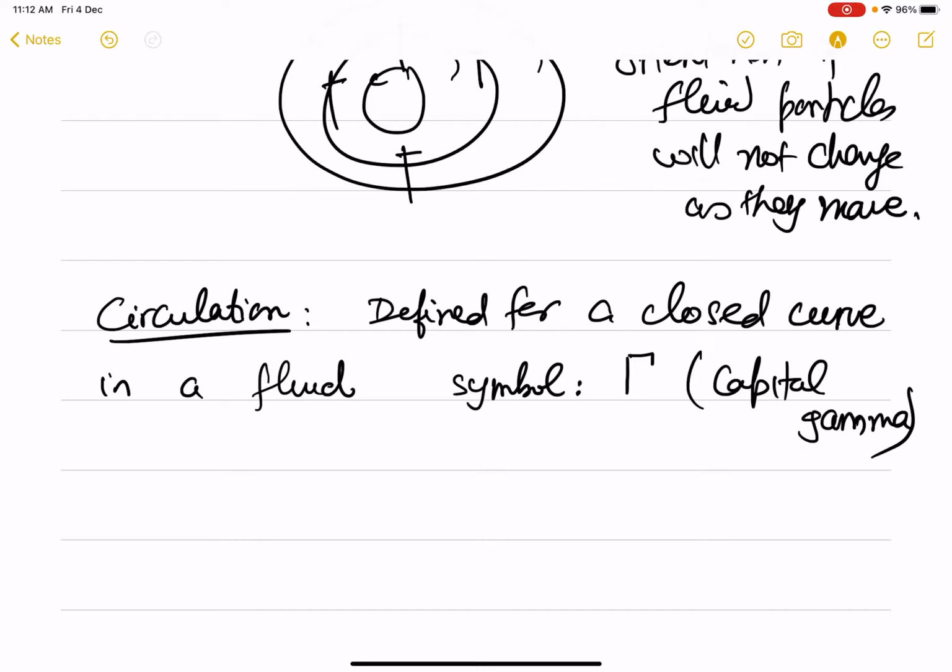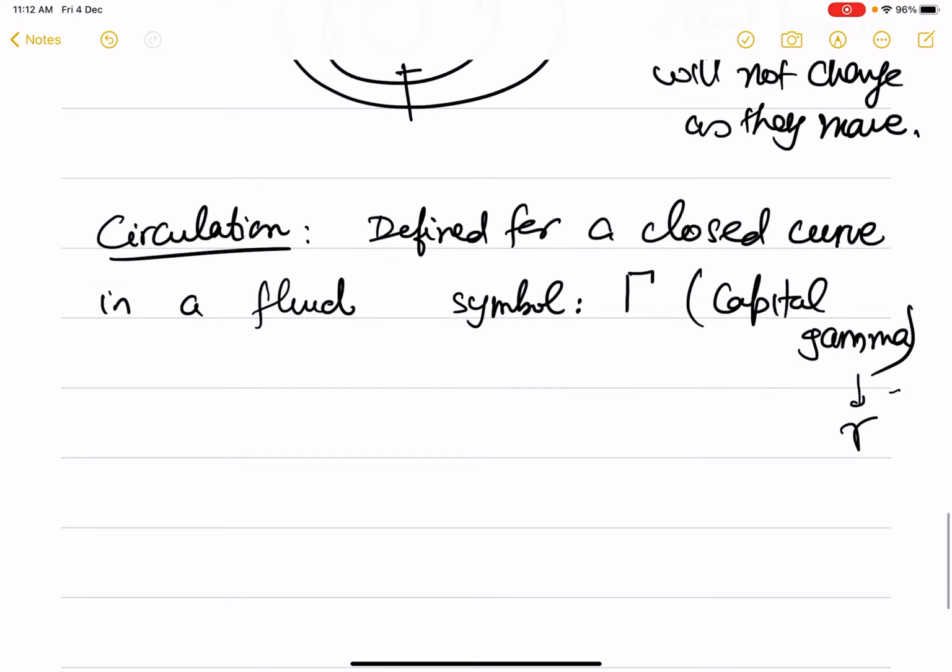The Greek symbol gamma, in small form, looks like this, but capital gamma is written like this. And what is circulation?